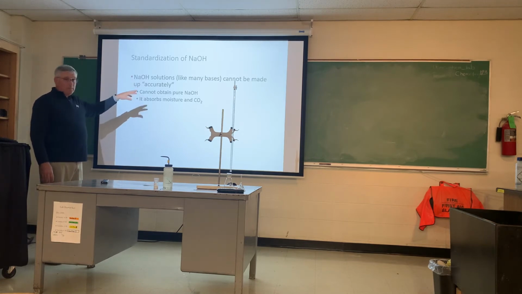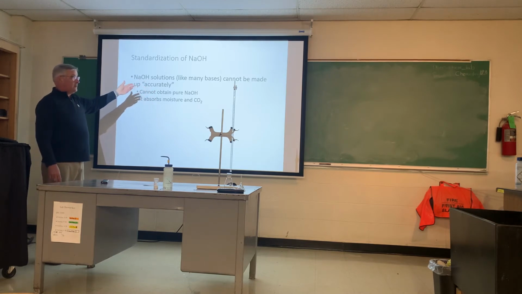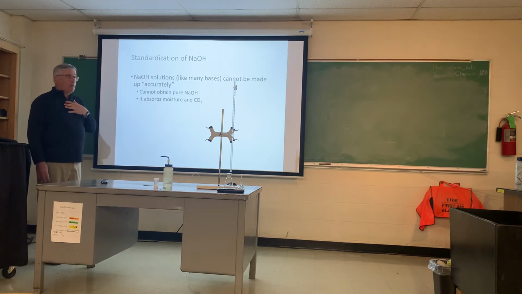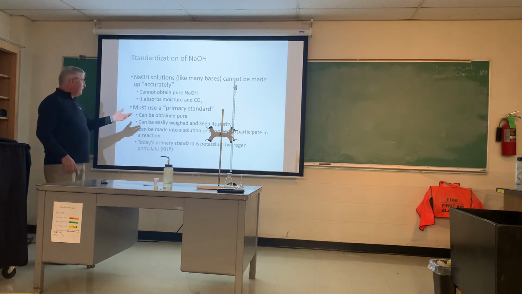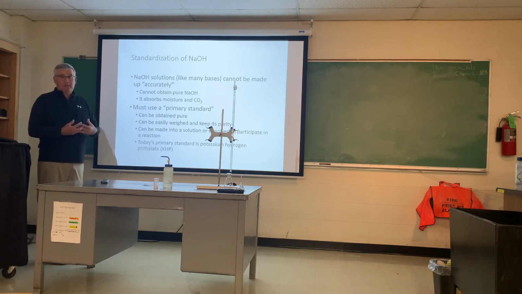And because bases, especially like sodium hydroxide, react with CO2, carbonic acid forms in the water and can change the concentration. And so it's hard to make it accurately. So what we do is we make the solution close to a value that we want, and then we find a primary standard, okay? And the primary standard is a chemical that can be obtained very pure.